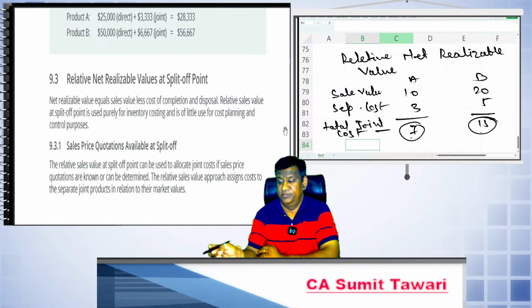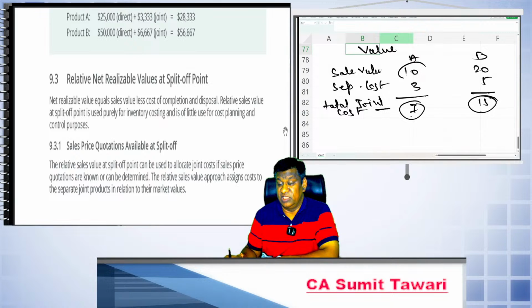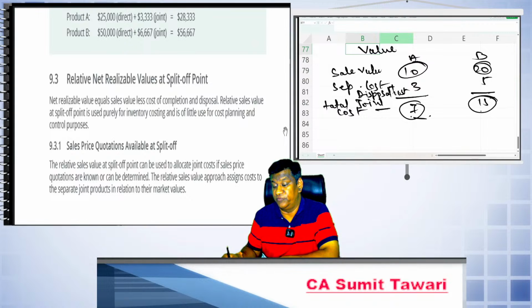Clear? Any doubt here? We need to consider the end sale value and then deduct separable cost plus disposal cost. So this is the input value at split-off.